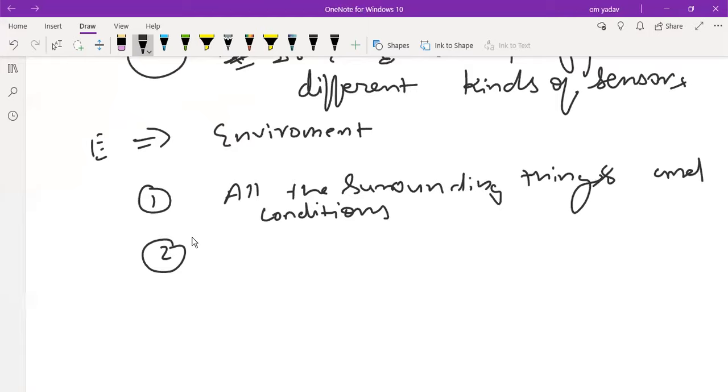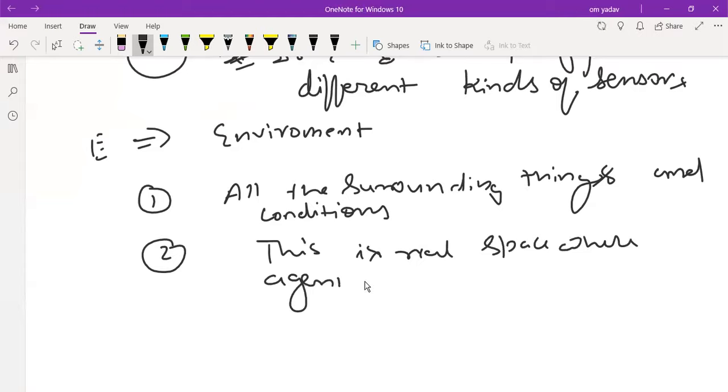Then depending on the data it gets, it will make the decision and perform the task in this space only. So this is the real space where the agent will perform.